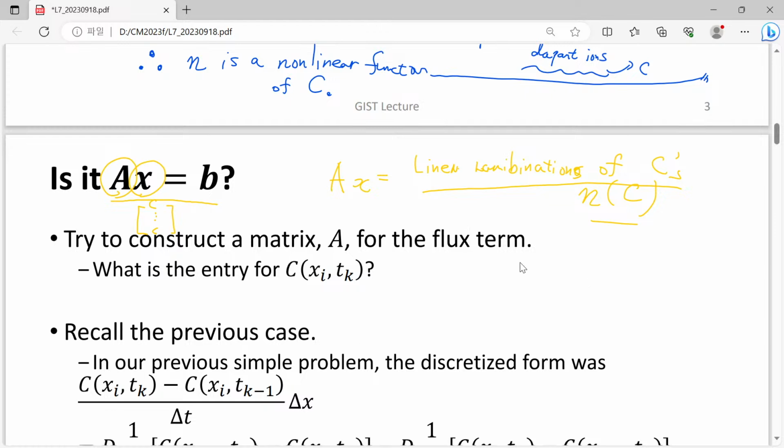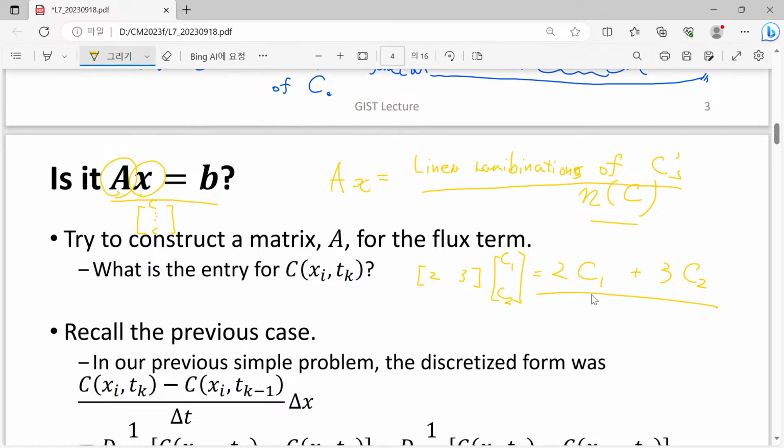For example, C1 plus C2, two times, three times, can be expressed as 2, 3 times C1, C2. This kind of linear combination of C1, C2 can be easily expressed as this matrix vector multiplication.